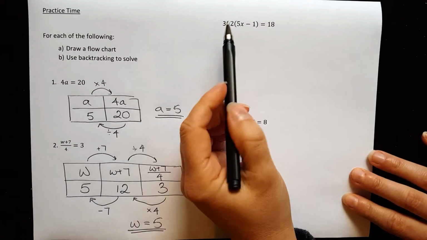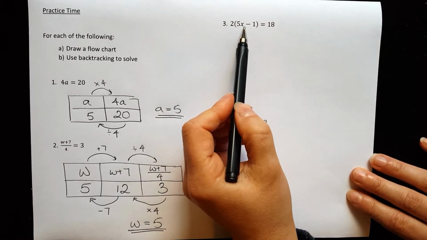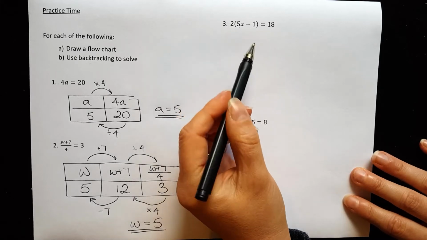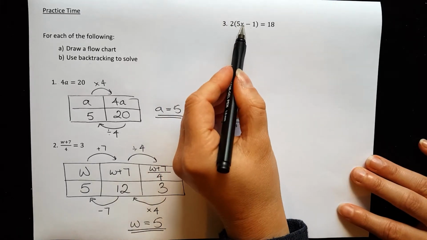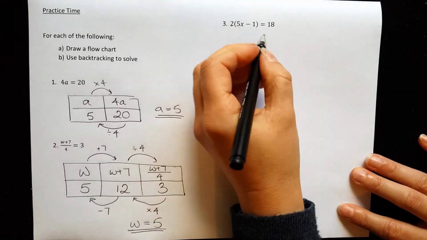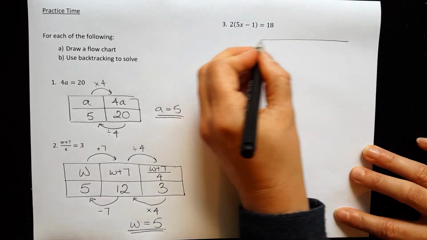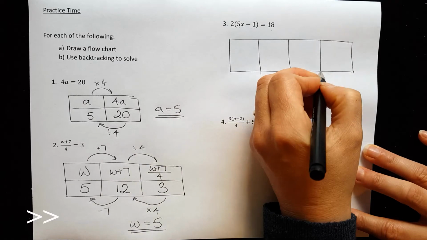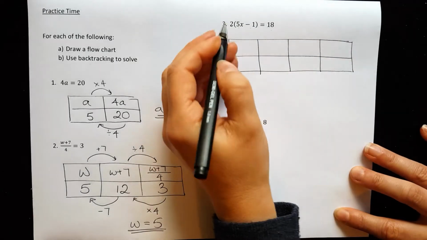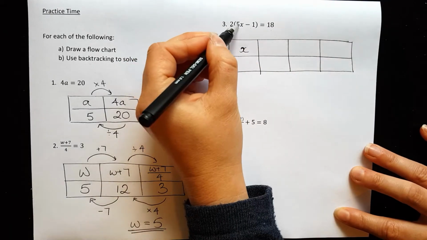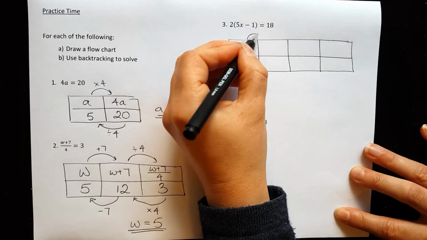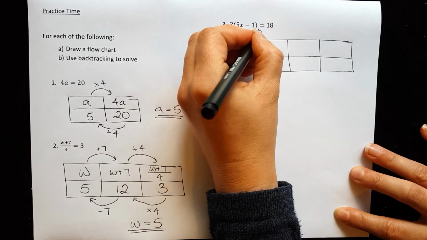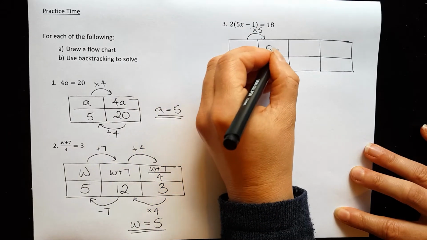Question 3, 2 outside of 5x minus 1 is equal to 18. There's 1, 2, 3, 4 things, so we need 4 columns to our flowchart. So x is the pronumeral. First of all, the x needs to be multiplied with the 5 to get 5x.